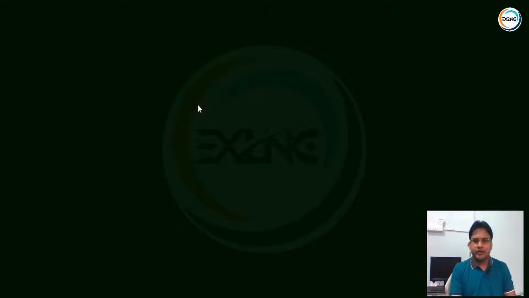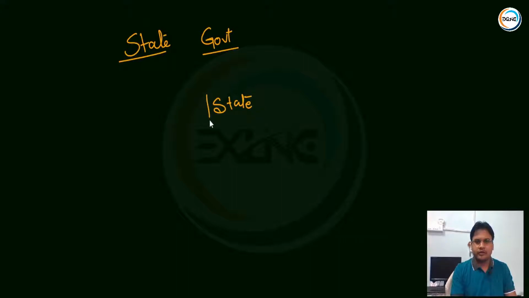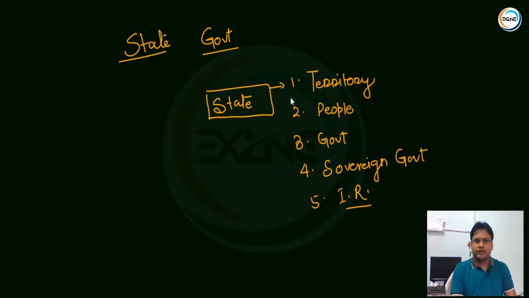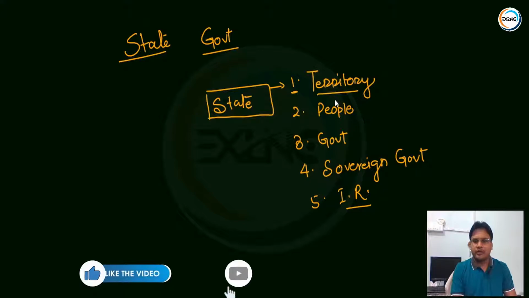So friends, first understand two important concepts: the concept of the state and the concept of the government. In modern political science, whenever we say the state, it is defined through five important components. First, the state should have a defined territory.